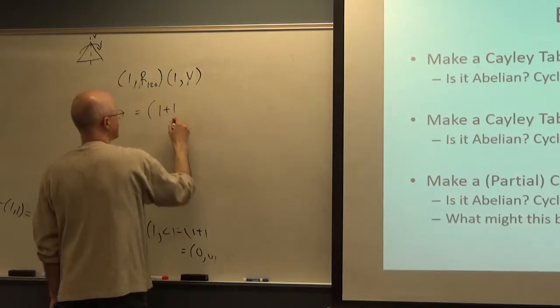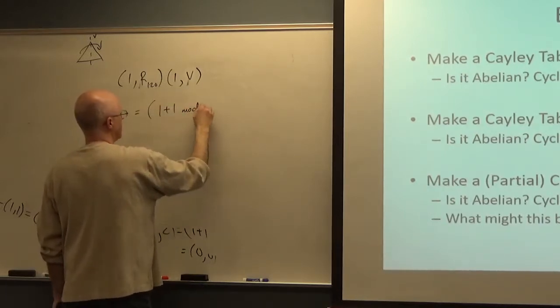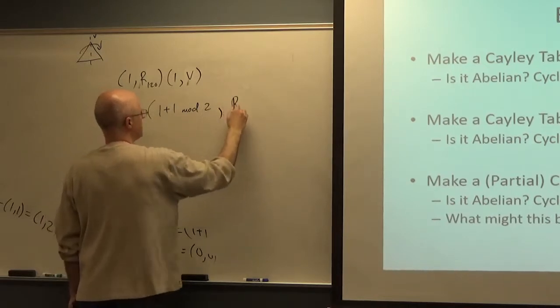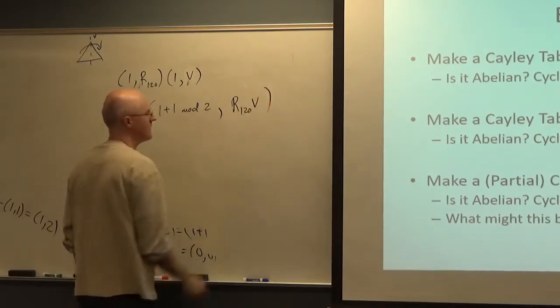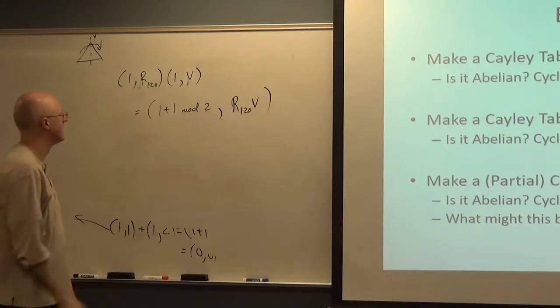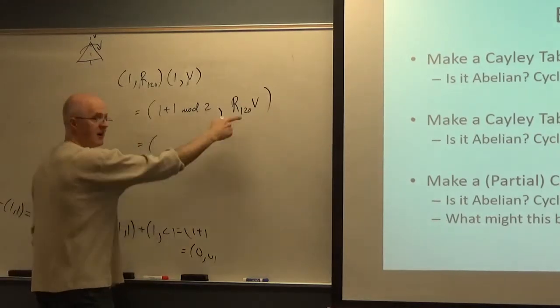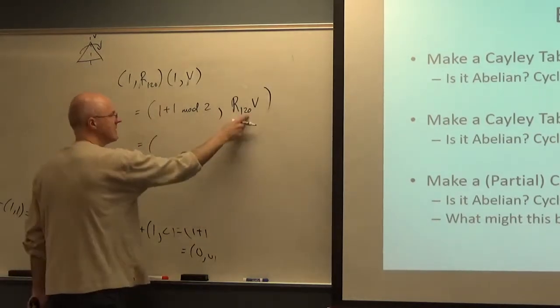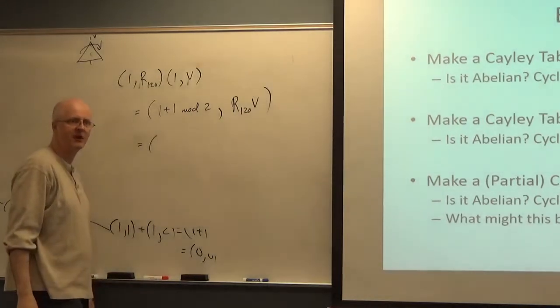One plus 1 gets done in the first component, mod 2. And in the second component, you get function composition. It's addition there, multiplication, so to speak, there. Really function composition.